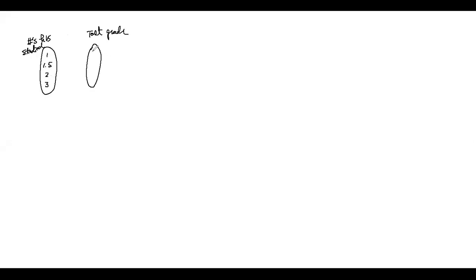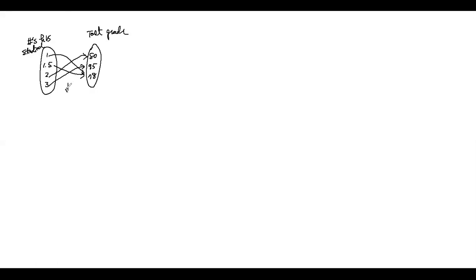Then the test grades we get are maybe 80, 95, and 78. So then you define the function: if I study 1 hour, I get a 78, 1.5 hours, I get a 78 also, 2 hours, I get 80, and 3 hours, I get a 95.